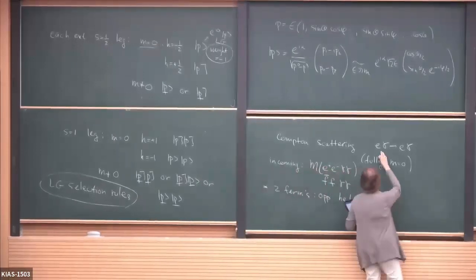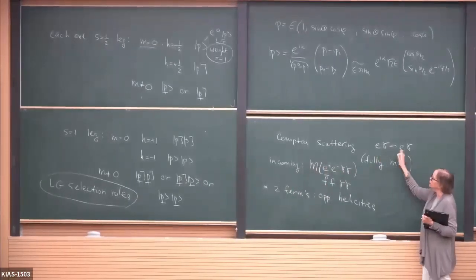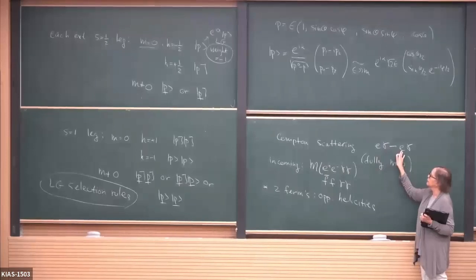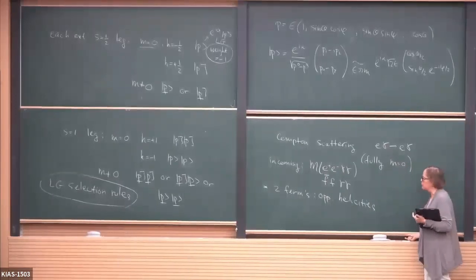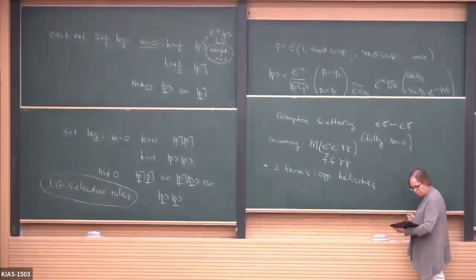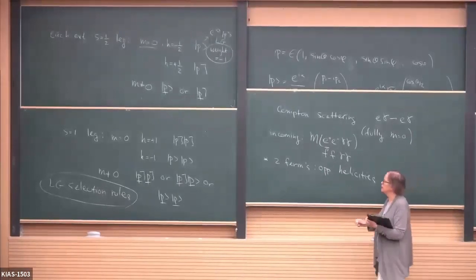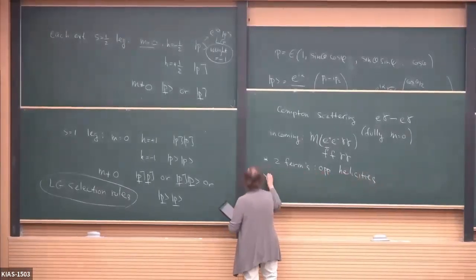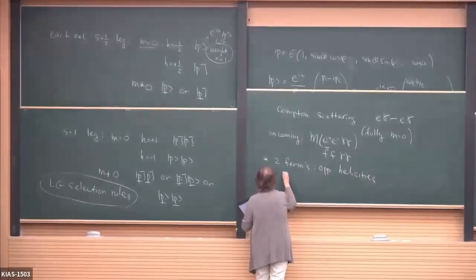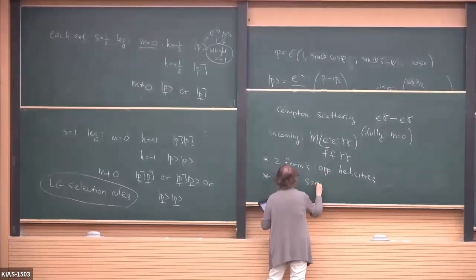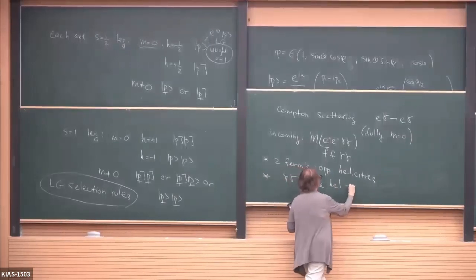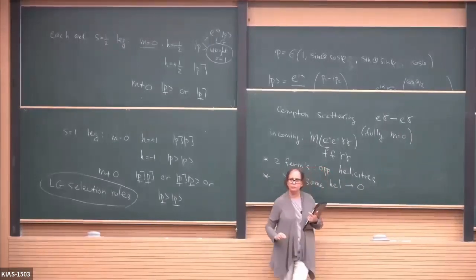Because these are just electromagnetic interactions, so the helicity of the fermion should be conserved, or if they're incoming, they should be opposite helicities. But the other thing that you can convince yourself of is that if the 2 photons have the same helicity, then the amplitude vanishes.